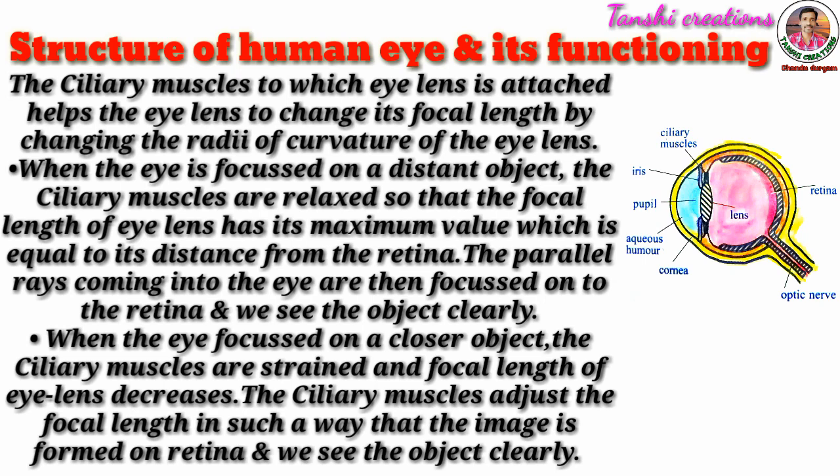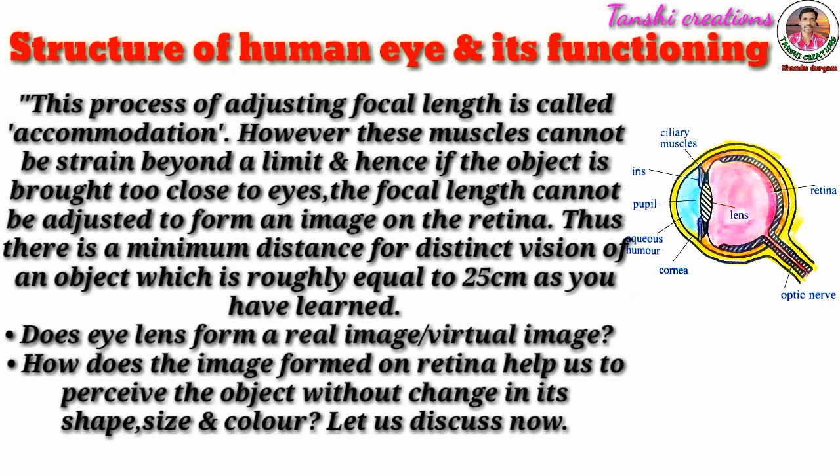When the eye is focused on a closer object, the ciliary muscles are strained and the focal length of the eye lens decreases. The ciliary muscles adjust the focal length in such a way that the image is formed on the retina and we see the object as it is.